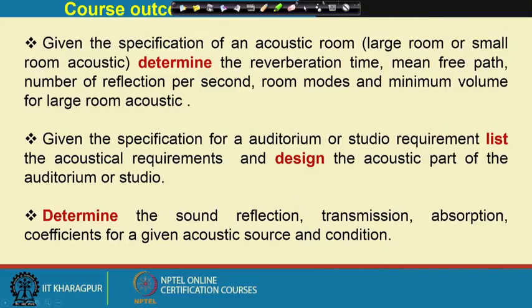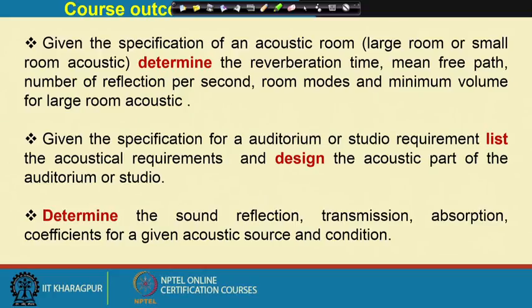So, those are the performance component. What is given? The condition component: given the specification of an acoustic room. Second, given the specification of an auditorium or studio requirement, list the acoustical requirements and design the acoustical part of the auditorium or studio.